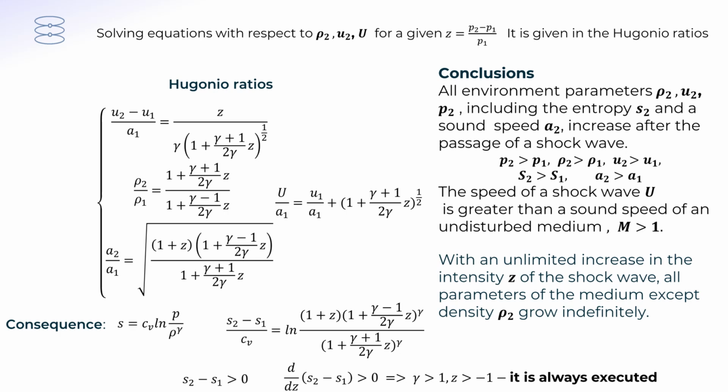The speed of the shock wave is greater than the sound speed of the undisturbed medium. So the Mach number is more than unity. With unlimited increase of the intensity parameter of the shock wave, all parameters of the medium except density grow indefinitely.